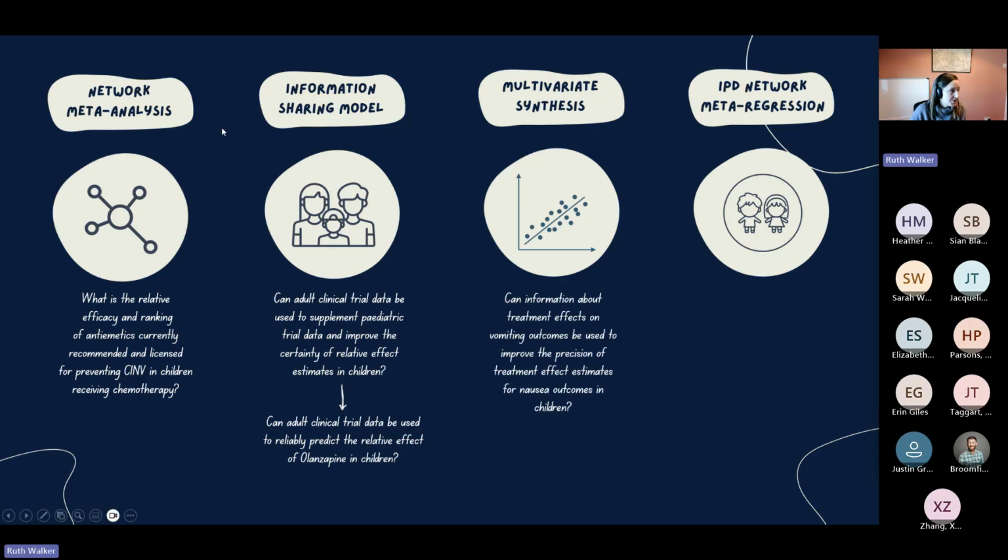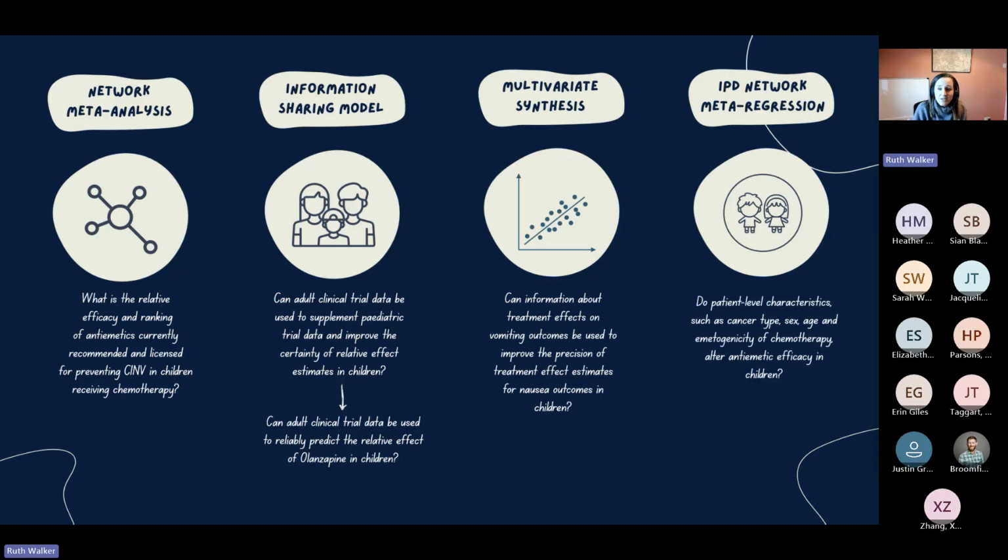So these 2 synthesis methods use aggregate data, and the next 2 have used individual participant data. That's the raw data that we've acquired from clinical trials. Thinking about those poorly reported patient important outcomes, I've applied a multivariate synthesis to borrow strength from the better reported outcome of vomiting to improve the precision of treatment effects of nausea.